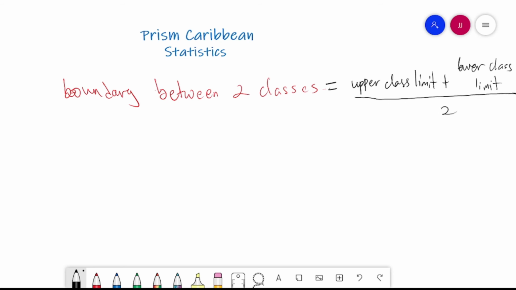That's it. So we look at the class limits for the boundary between two classes, and we add the upper class limit plus the lower class limit, and then we divide it by 2.